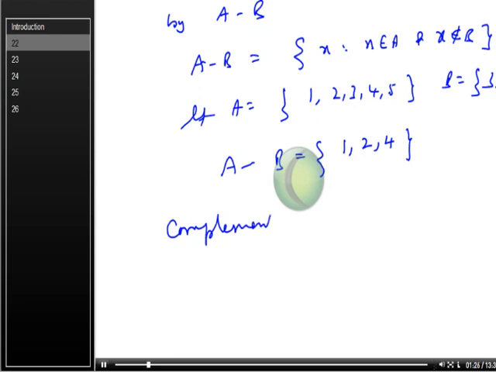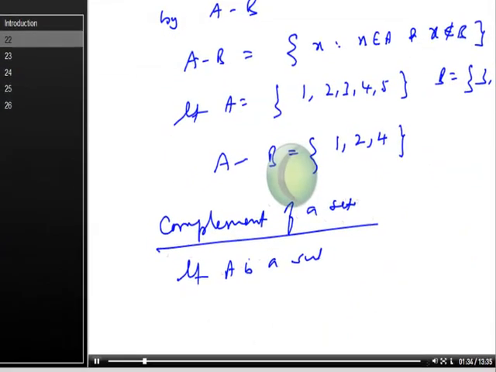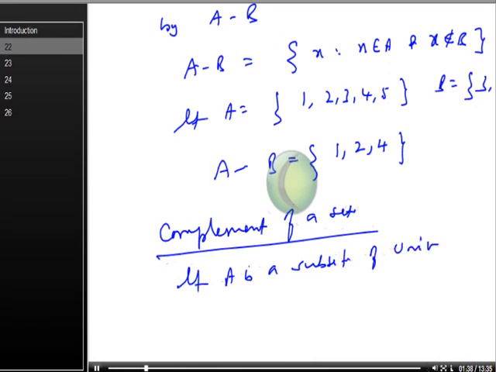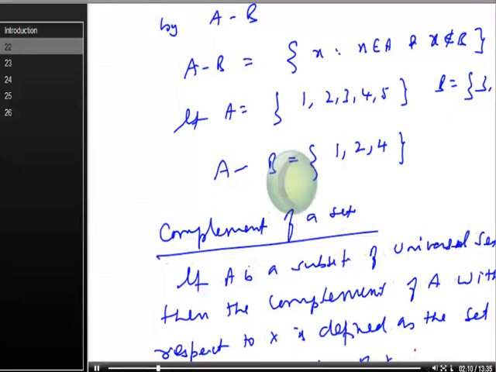Complement of a set. If A is a subset of the universal set X, then the complement of A with respect to X is defined as the set of all elements of X which are not in A, and is denoted by A complement.